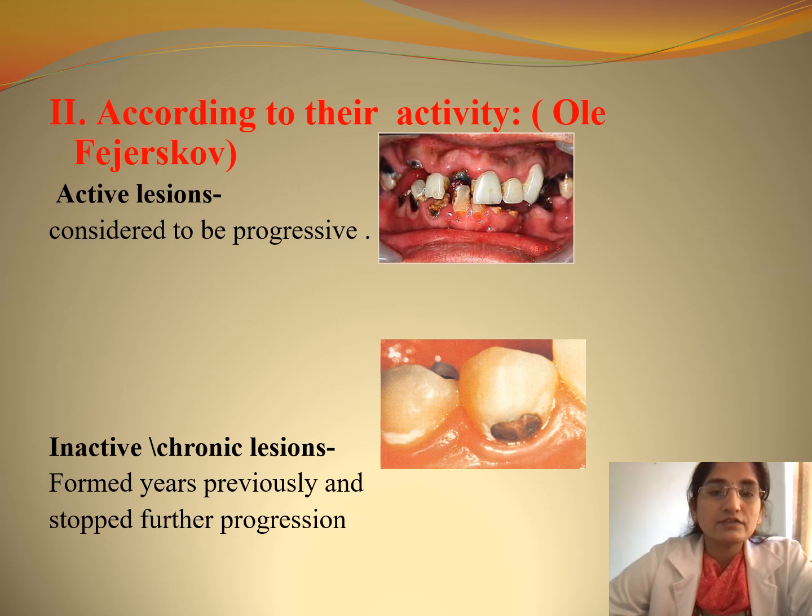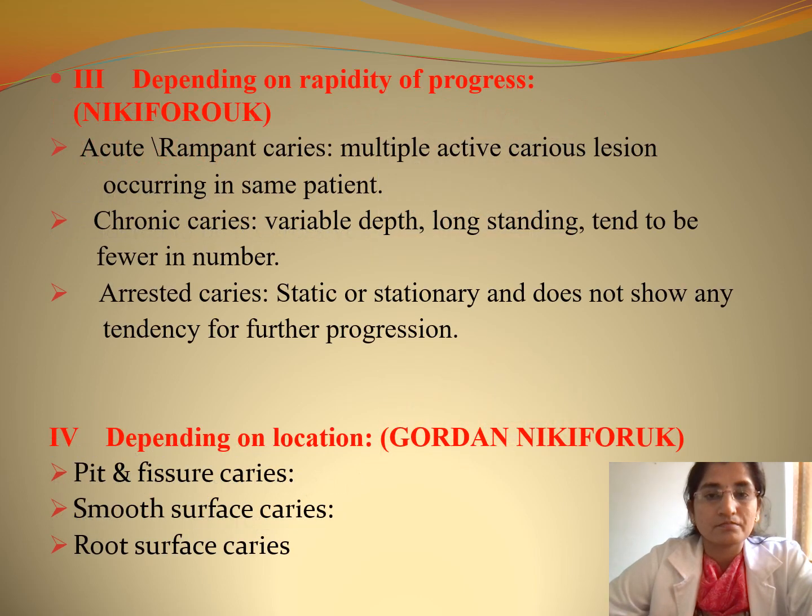Classification according to activity: they can be classified as active lesions, which are considered to be progressive, and inactive lesions, which are called chronic lesions. They are formed years previously and stop further progression. Depending on rapidity of progress, we can classify caries as acute or rampant caries, chronic caries, and arrested caries.